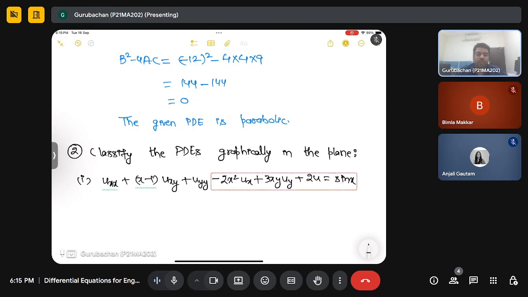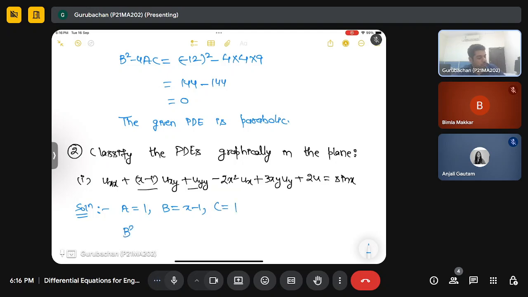Here you can observe that the coefficients are not constant, there is a variable. So in this case, we first have to calculate B square minus 4AC. Here A is 1, B is x minus 1, C is again 1.